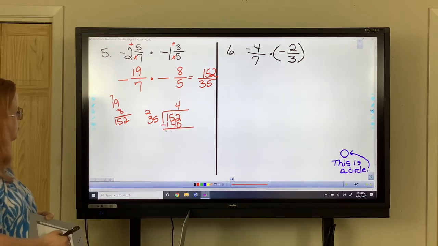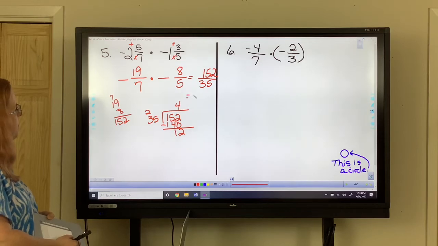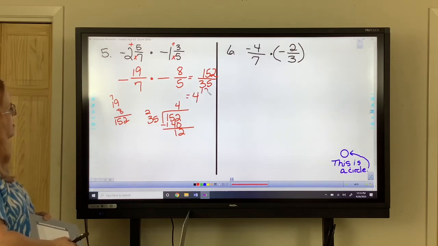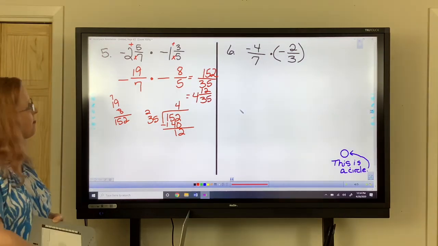Subtract once you multiply. And so we end up with 4 and 12/35. Okay? All right, last one.